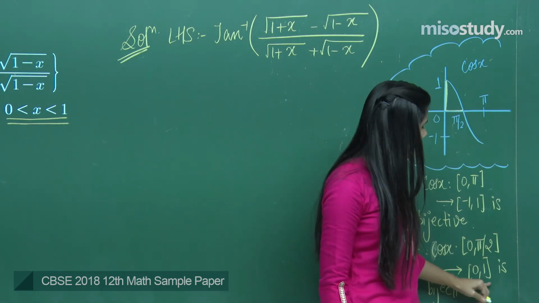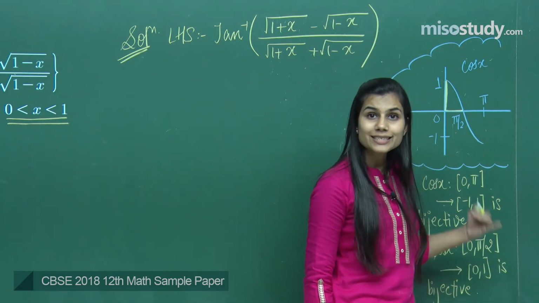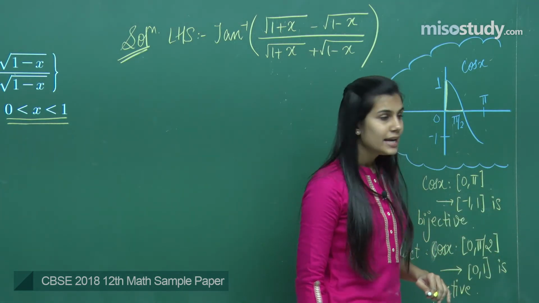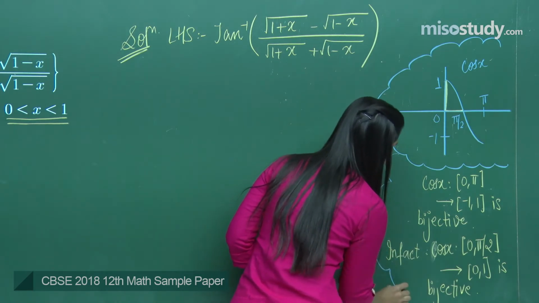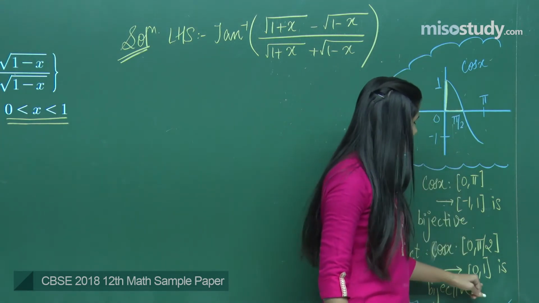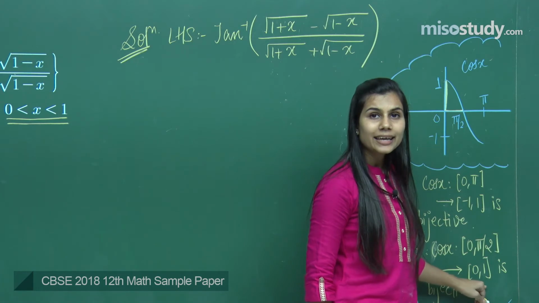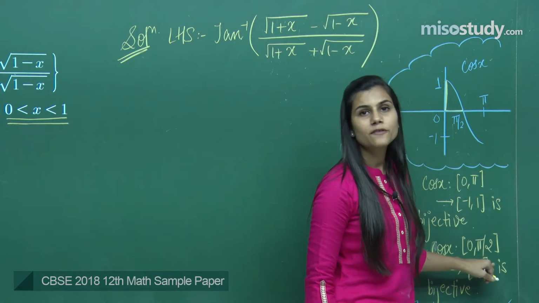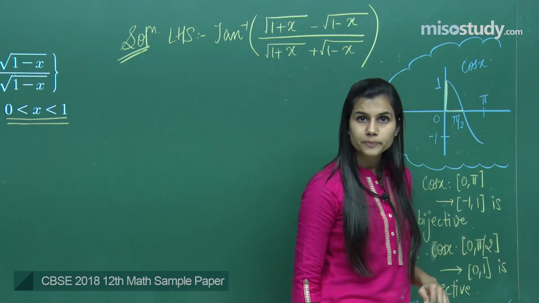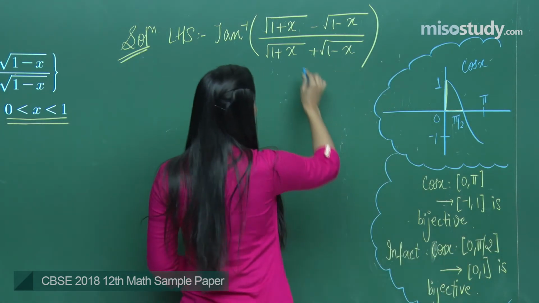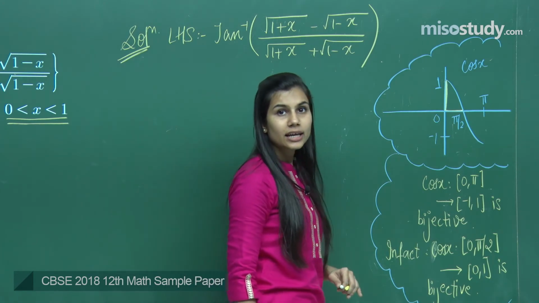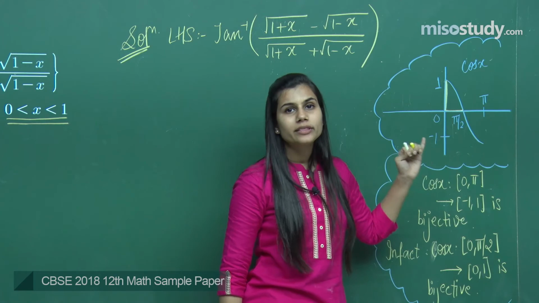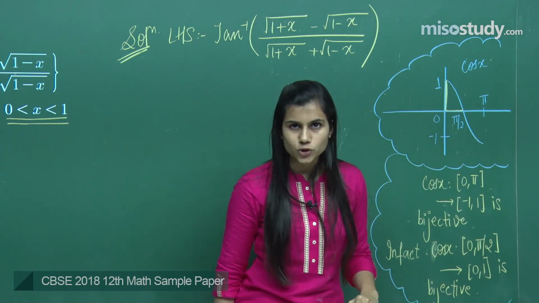So every x from 0 to 1 can be written as cos theta for theta from 0 to pi by 2 is what I am trying to say. Let me repeat what I said. For every x in 0 comma 1, I can write that x as equal to cos theta for theta coming from 0 to pi by 2. That means I can replace this x coming from 0, 1 with cos theta, with theta coming from 0 to pi by 2.